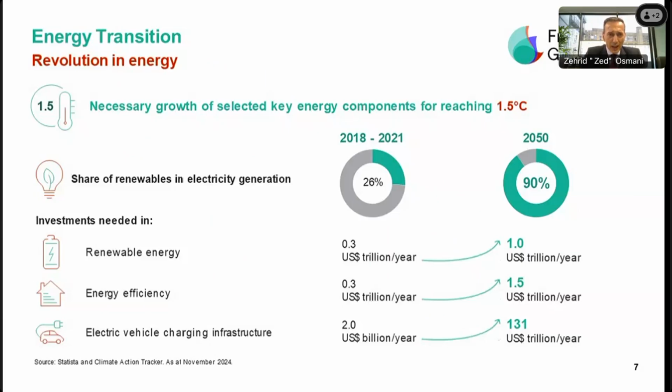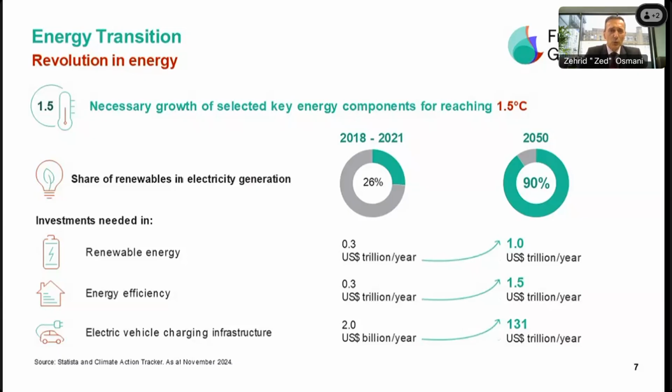And that renewable energy investment needed is therefore translating from spending $300 billion per annum currently to $1 trillion per annum. The energy efficient infrastructure, such as buildings in particular, the spend currently is $300 billion. That needs to go to $1.5 trillion to get to that target.